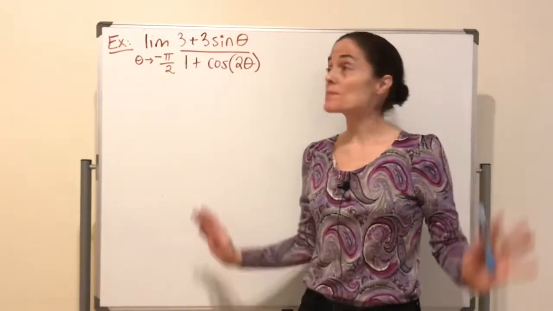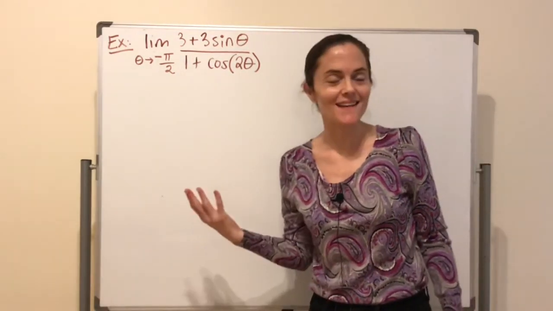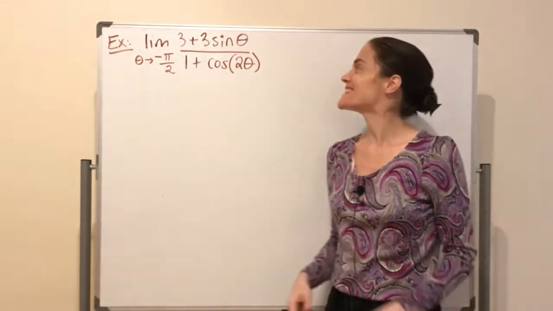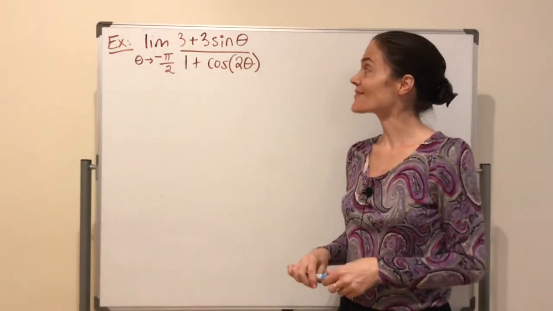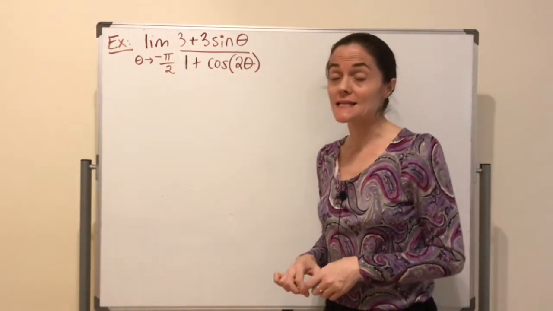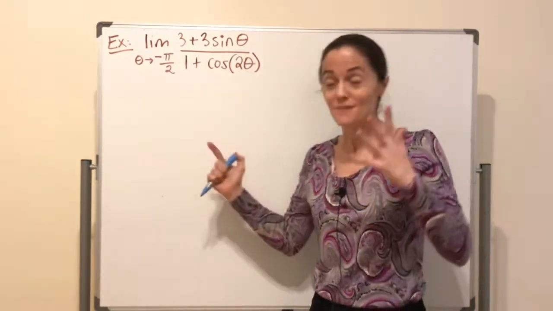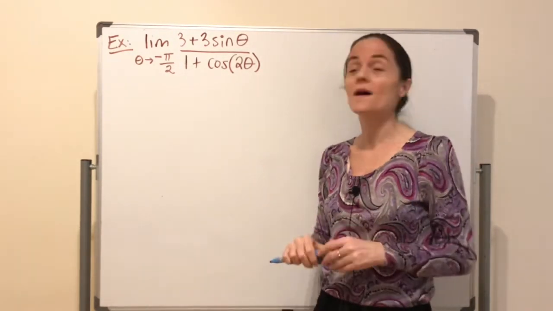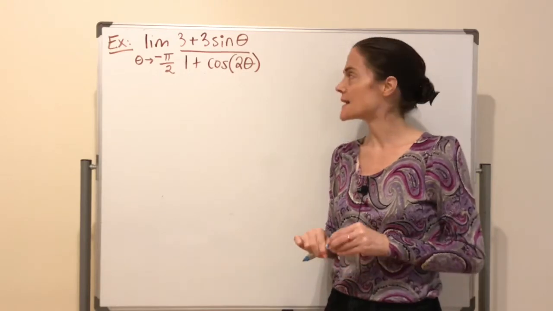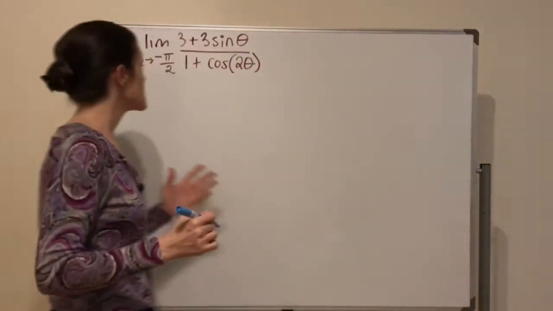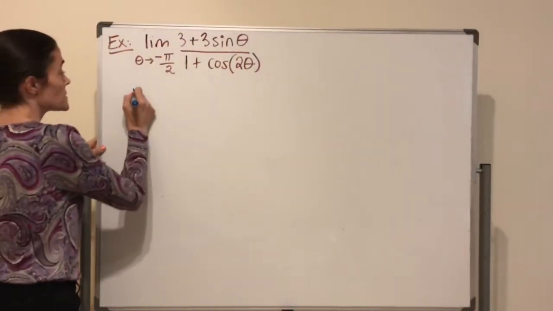This is a great problem because we really have to think about the trig functions here. So we want the limit as theta approaches minus pi over 2 of 3 plus 3 sine theta divided by 1 plus 2 cosine theta. So let me think about the unit circle here.